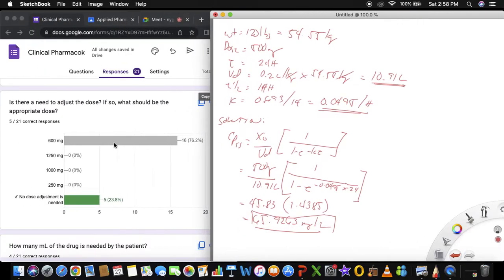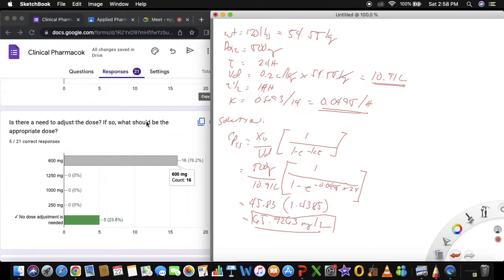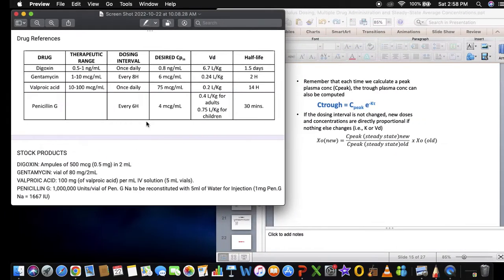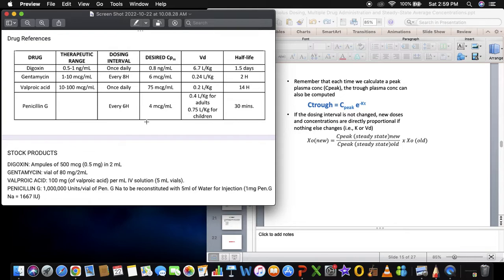Sige. Well, one thing class you have to take a look at this one din eh. Na kailangan din natin nandito is, ano ba ang therapeutic window ni valproic acid? Okay? Kung titingnan nyo class, ang therapeutic window ni valproic acid is between 10 and 100 micrograms per ml.